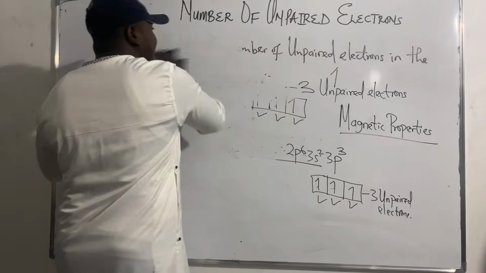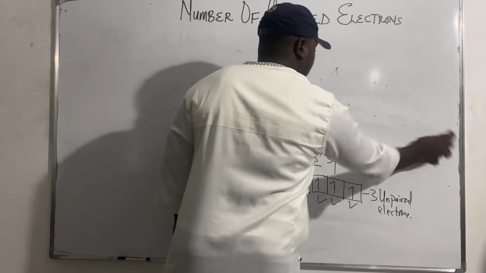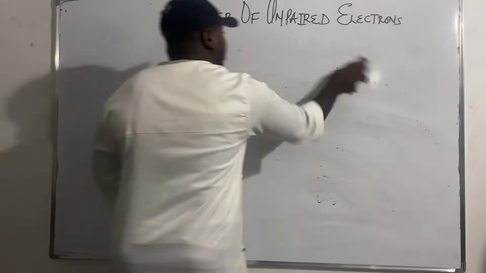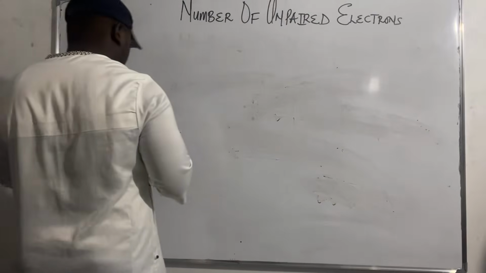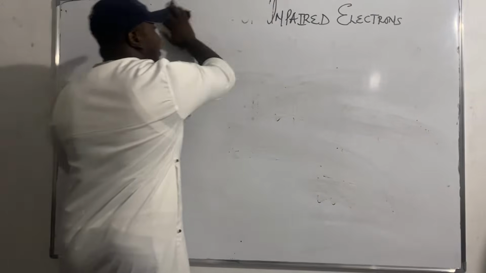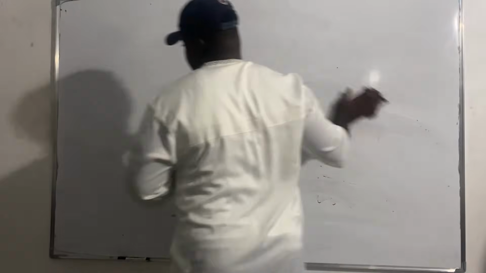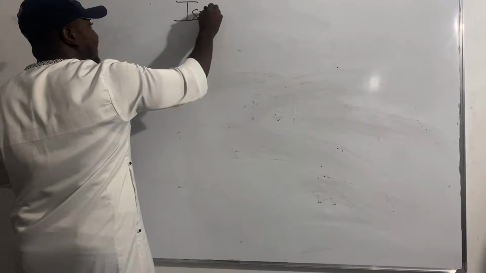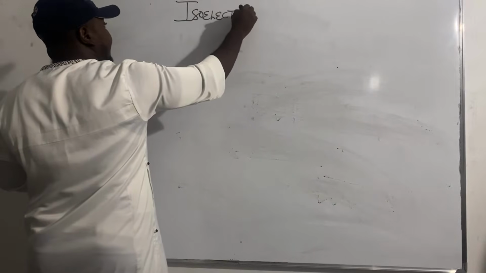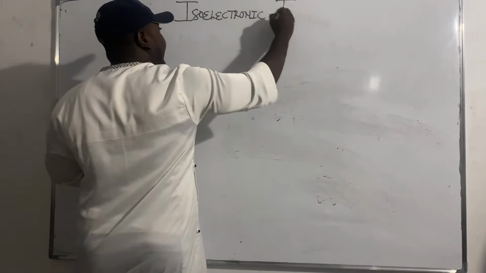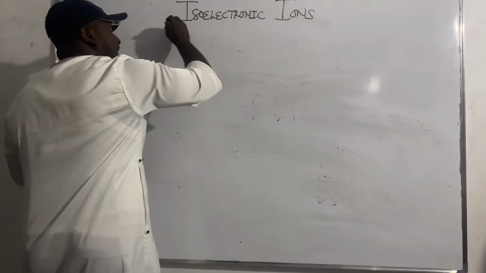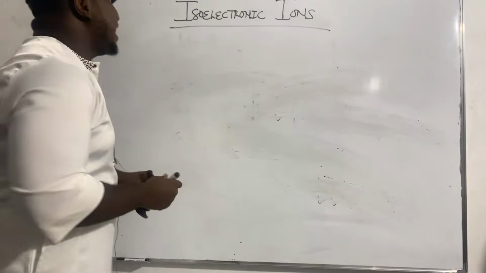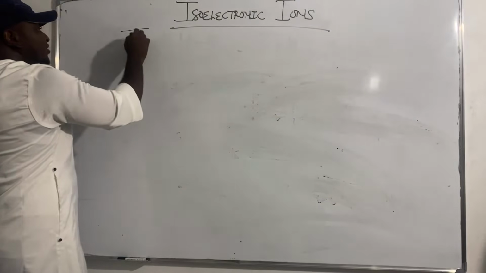So class, this is how you solve for the number of unpaired electrons. Let's now go to isoelectronic ions. Write down isoelectronic ions. Isoelectronic ions are ions that contain the same number of electrons.